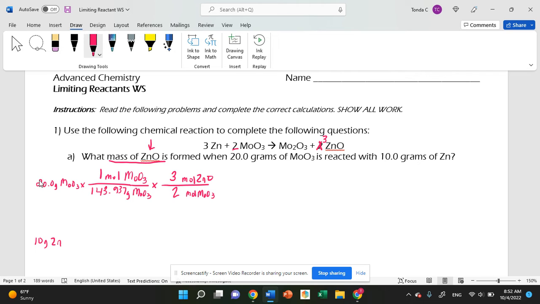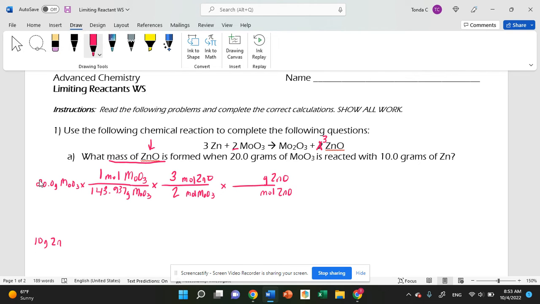I'm in moles of ZnO, but I have to get to grams of ZnO. To get from moles to grams, we use molar mass. To cancel it, notice I have to put my moles opposite: moles of ZnO and grams of ZnO.